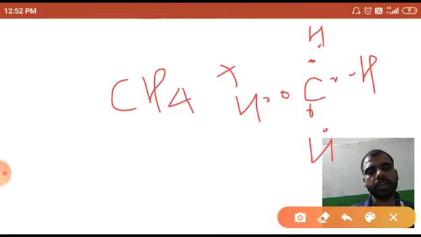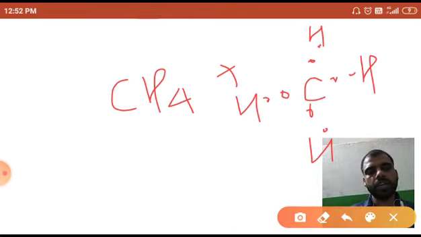The carbon will easily share its electron with the hydrogen electron.